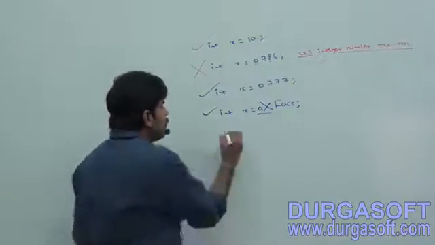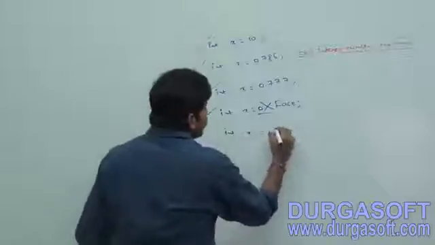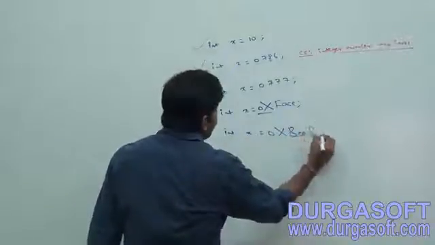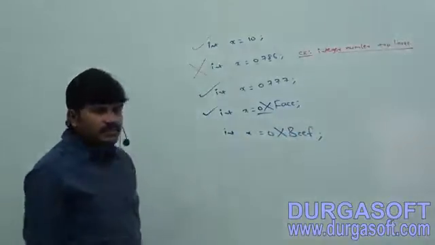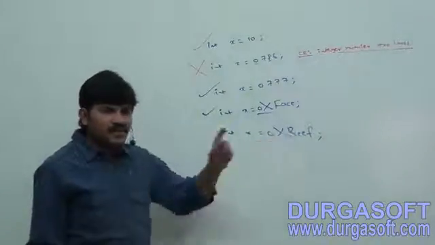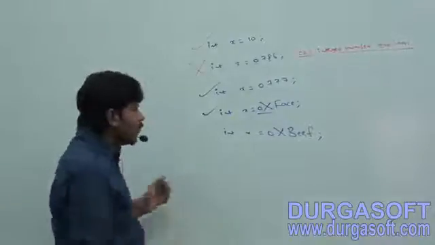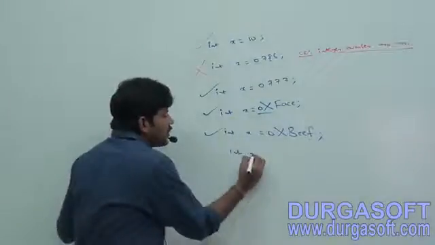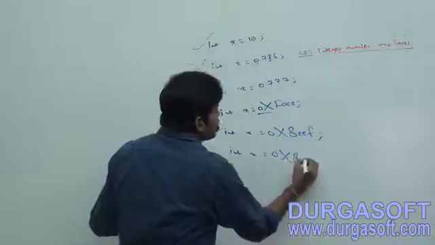Int x = 0xBEEF, valid or not? Valid, because BEEF is in the A to F range only. What is the problem with int x = 0xBEER?